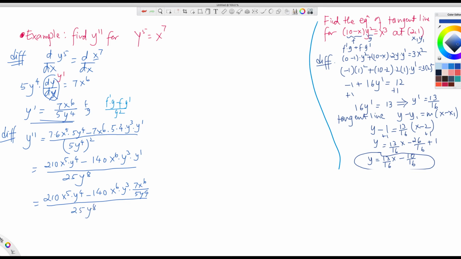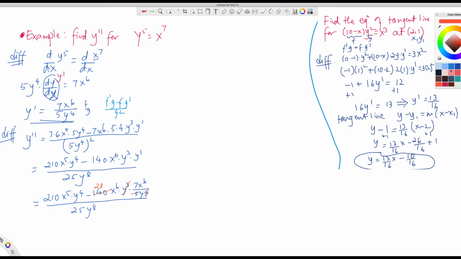Divide by 25y to the 8. So you see that there is something common there. You can divide 140 by 5, which is 28, because 28 times 5 is 140. Also there is y to the cube, cancelling with y to the 4th, leaving one y.